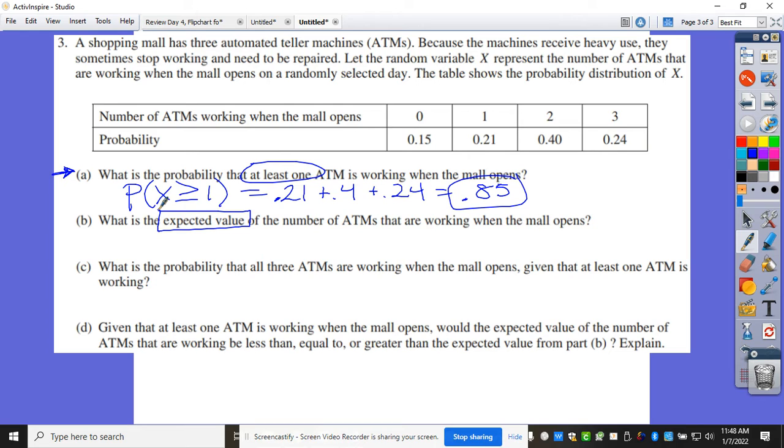How do you find expected value if you have a probability distribution?